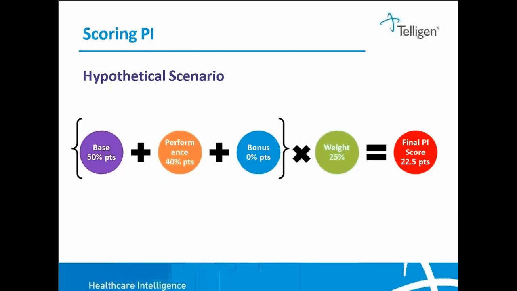So you add together the three components there, 50 plus 40 plus 0, and you get 90 percentage points. And then you multiply that by the 25% category weight, or 30% if you're in the APM scoring category. The one I used for the example was 25%, and the final score for the PI category is 22.5 percentage points.